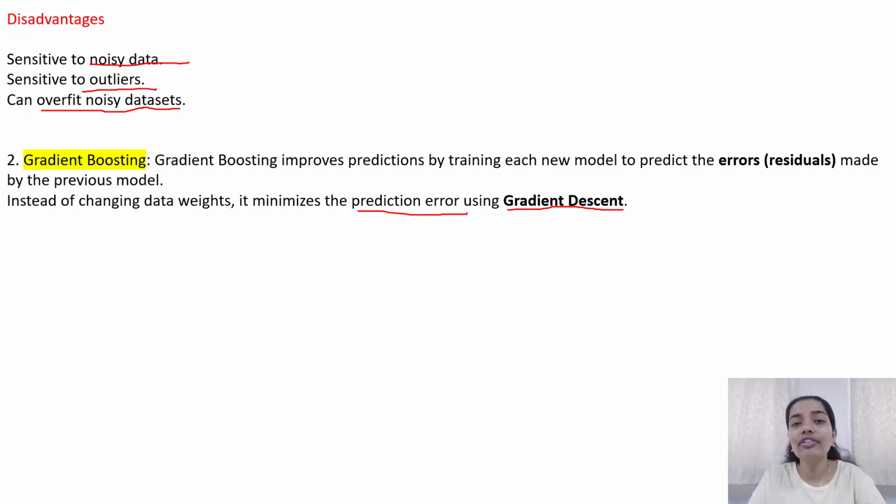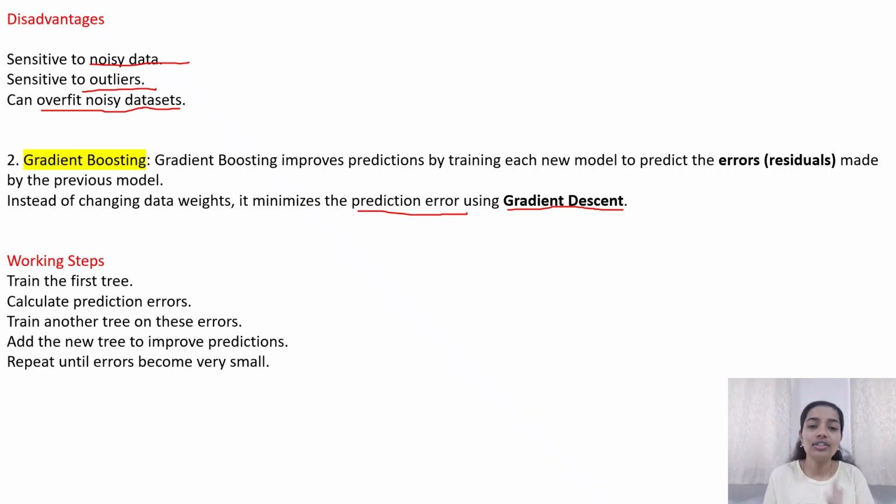So basically the difference between AdaBoost and gradient boosting is, in AdaBoost we increase the weights. Here we don't have anything to do with the weights. We simply take the errors and we simply try to minimize the errors. We don't increase, we don't reduce their weights. That is the difference between AdaBoost and gradient boosting.